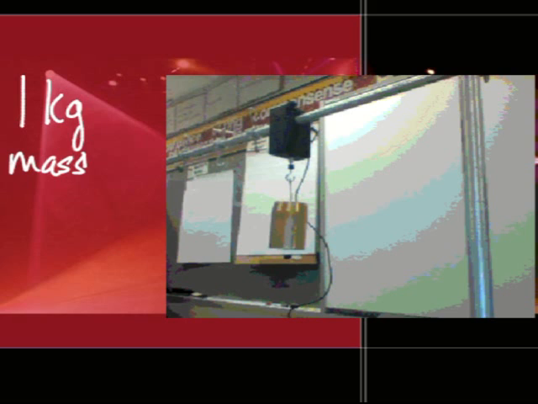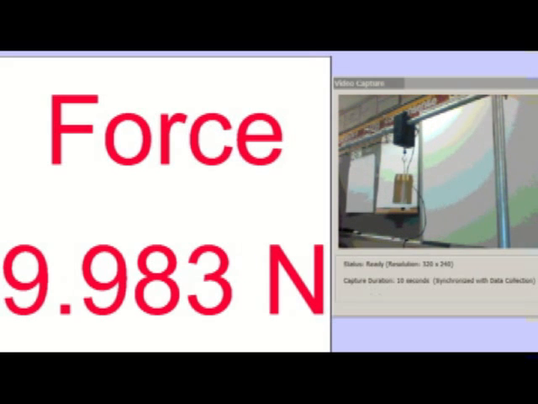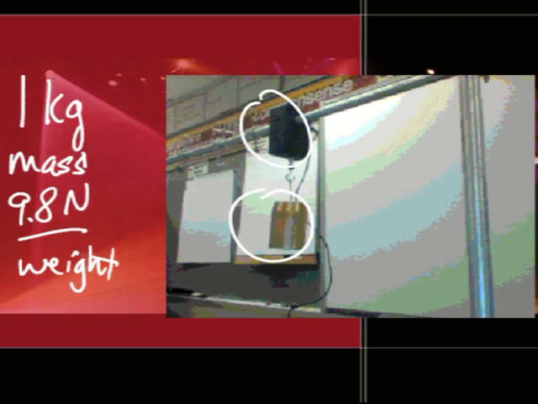Here is a 1 kilogram mass. It is on a force sensor, and a 1 kilogram mass would have 9.8 newtons worth of weight. Let's see what happens when we put this weight on a pulley.